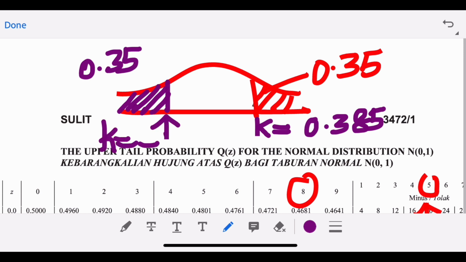If I'm asking you to find this one, it will be negative 0.385 for the z-score to the left.